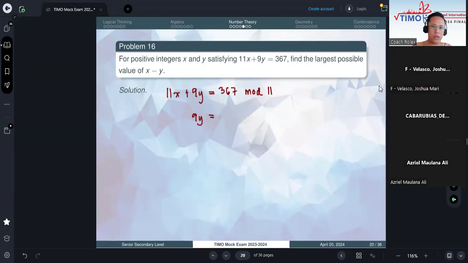And 367 modulo 11, that is, how much? 367 minus 11... So you will have, actually, we can make it 4. 4 modulo 11. But we cannot divide 4 by 9.